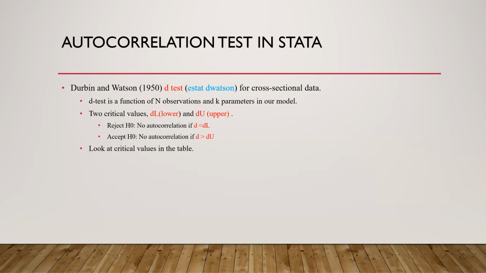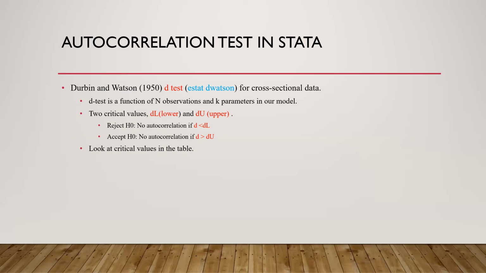How do we test for autocorrelation or non-zero correlation in Stata? We can use the Durbin-Watson d test for the pooled OLS model and also for cross-sectional data.